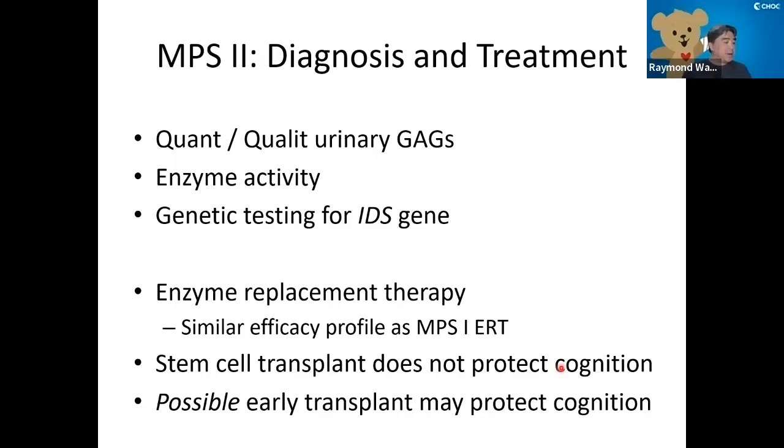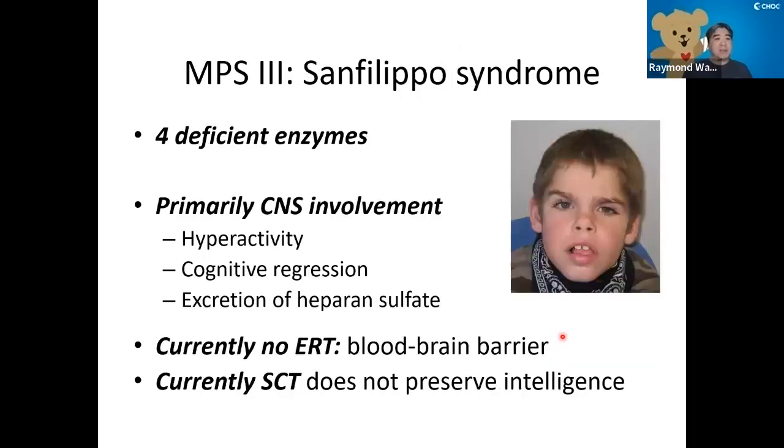All right, we're at about half an hour here. There are a few more slides that go over MPS 3, which has primarily central nervous system involvement. This is a particularly problematic MPS at the moment because stem cell transplant doesn't seem to preserve or prevent cognitive involvement.